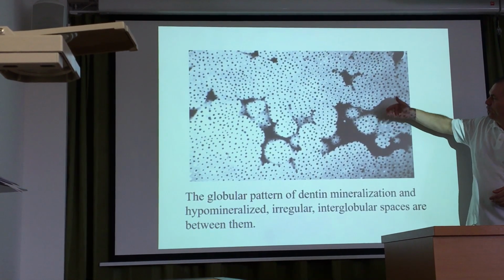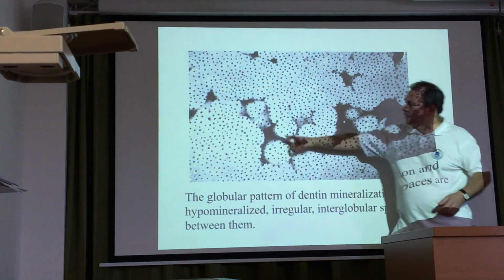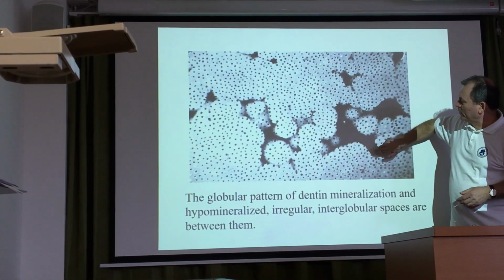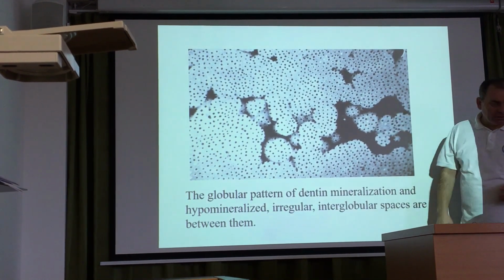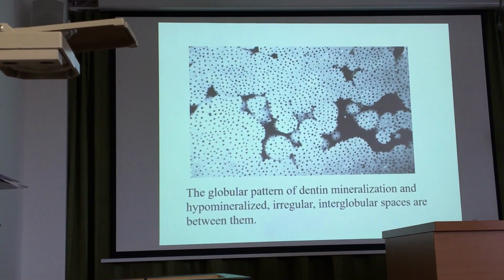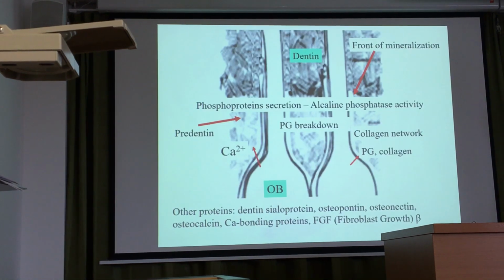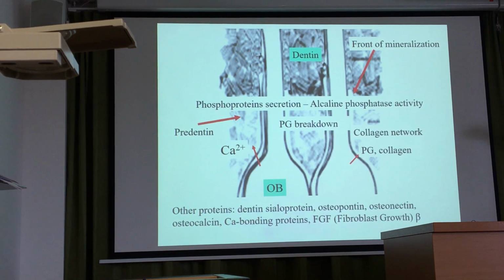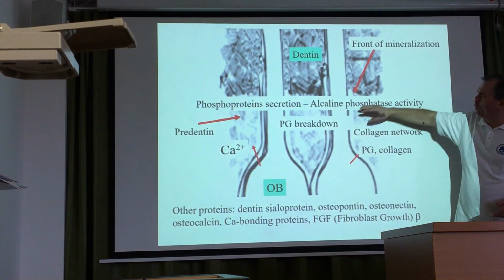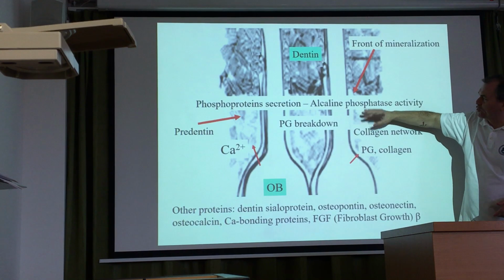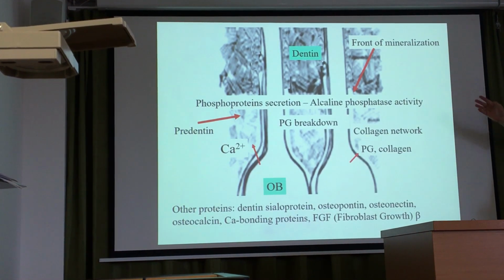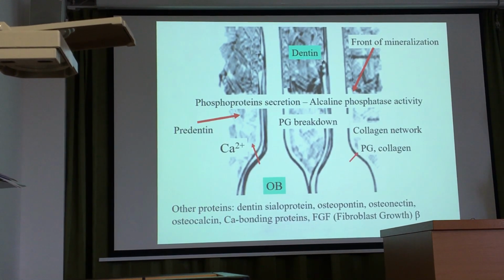This is a picture from the interglobular area, batwing structures, and when you have the non-mineralized dentin, there is of course no tubular structure in the dentin. In different levels, we have the front of mineralization, and different molecules are secreted by the odontoblastic cells into the extracellular space.